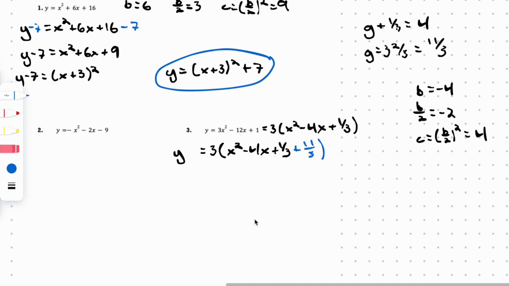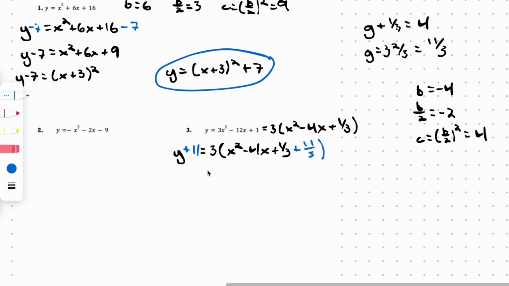Now, I'm adding this 11/3 inside the parentheses, but I'm still multiplying that 11/3 by 3. So I can't just add 11/3 to both sides. I have to add 11/3 times 3 to both sides. The 3's are just going to cancel out, so we're going to add 11 to both sides.